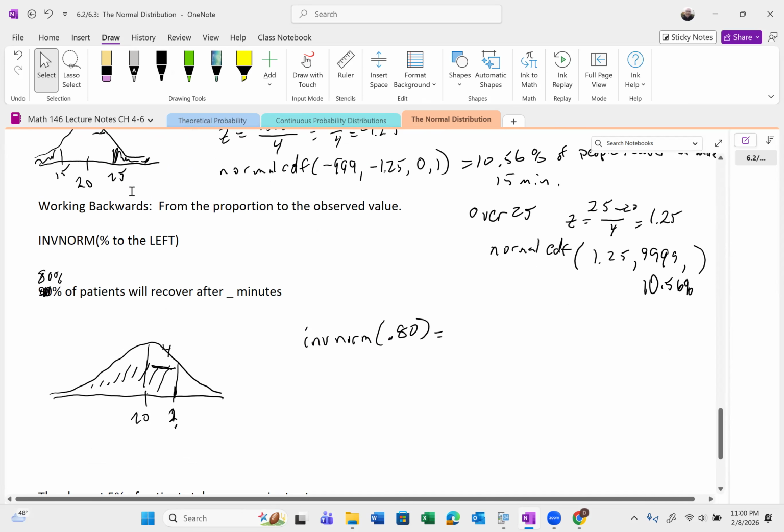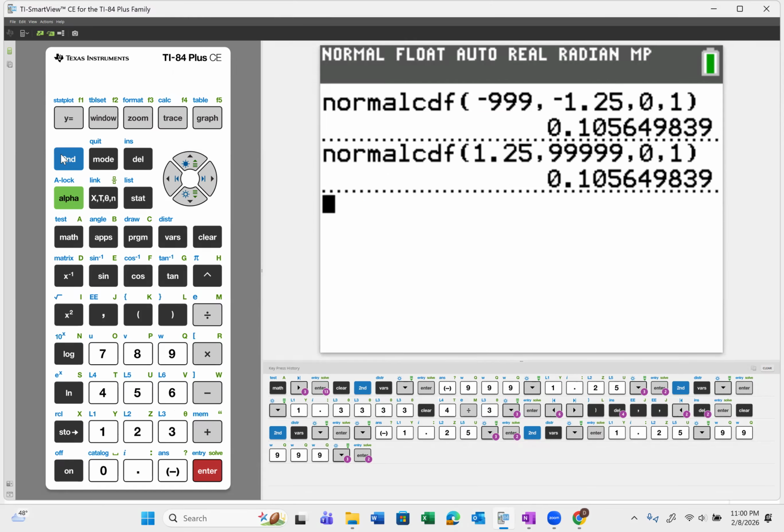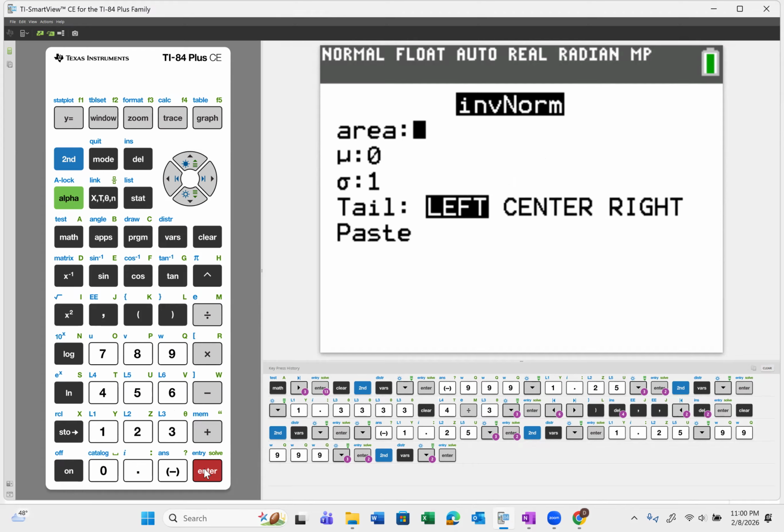So I'm going to go to my calculator and do inverse norm. Second distribution, inverse norm. And we're going to do 0.8. We did 80%, so the area is 80%. Mean is 0, standard deviation of 1. Mine is fancy.